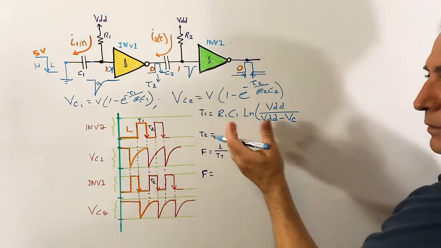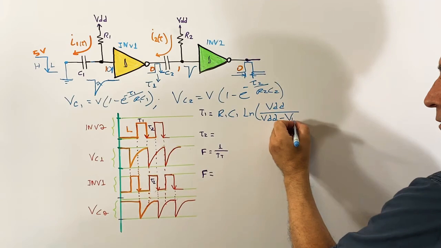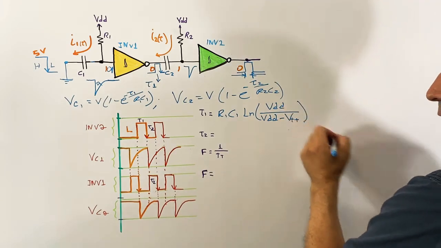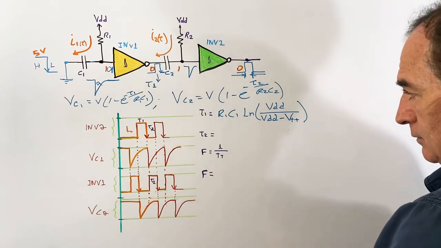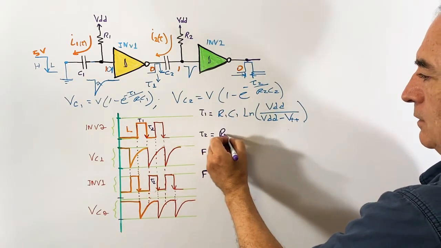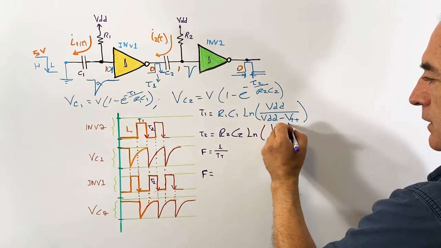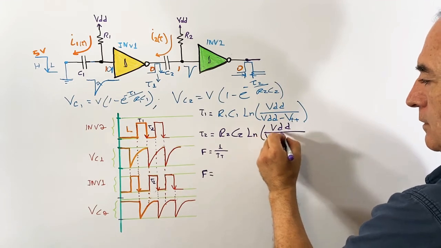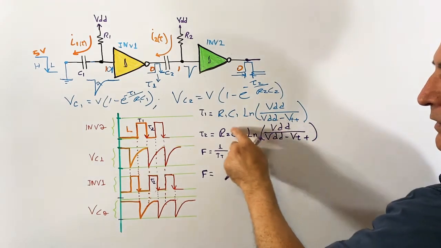In this case it will be the threshold, the positive threshold, so VT plus. For T2, from here it will be equal to R2 C2 ln of VDD over VDD minus VT plus. The only thing that changes is the capacitor.